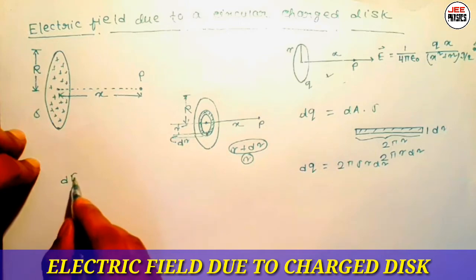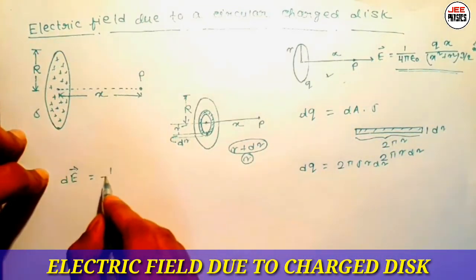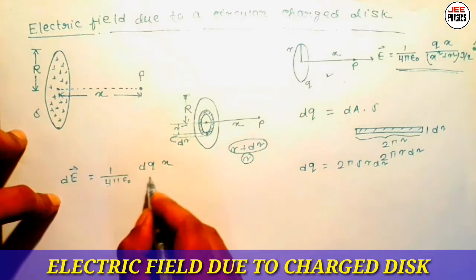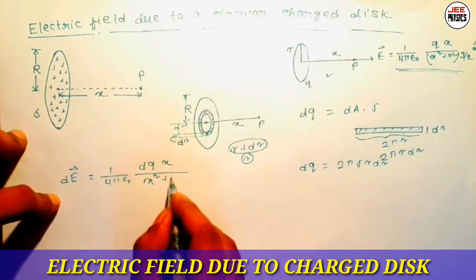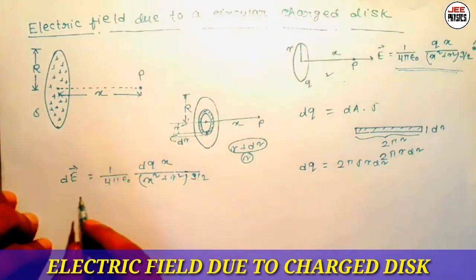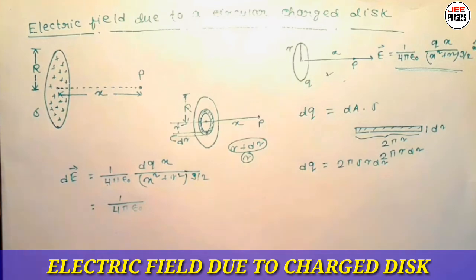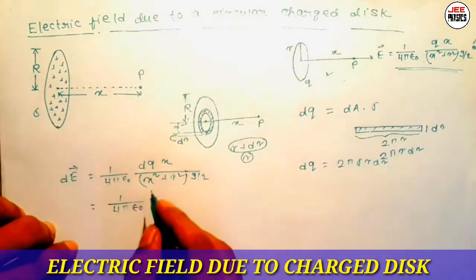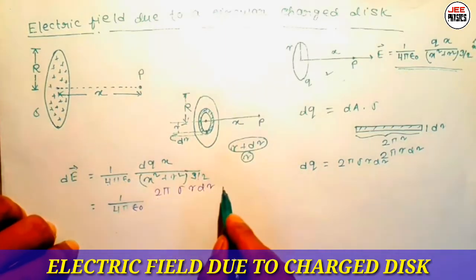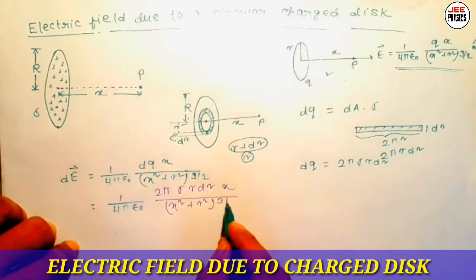That field will be dE because this is due to a small part. dE equal to, from this expression I have to put dq here, so it is 1 by 4 pi epsilon 0 into dq into x by x square plus small r square whole to the power 3 by 2, and therefore we get dE equal to 1 by 4 pi epsilon 0, dq means 2 pi sigma into r into dr into x by x square plus r square whole to the power 3 by 2.